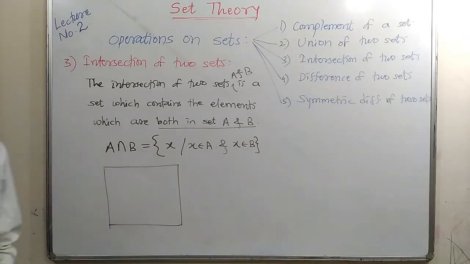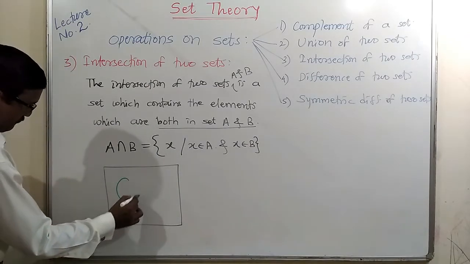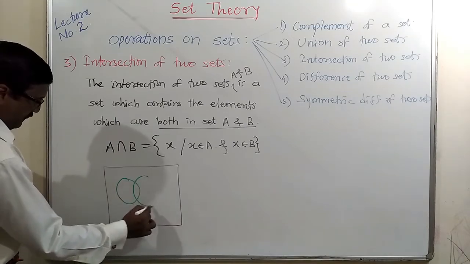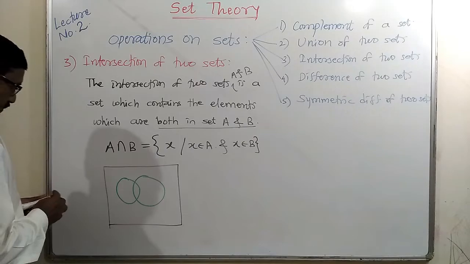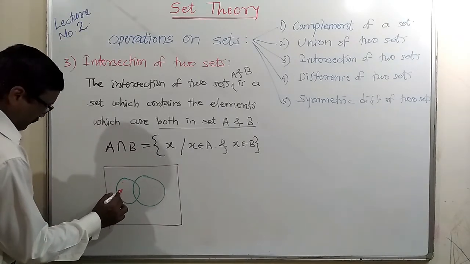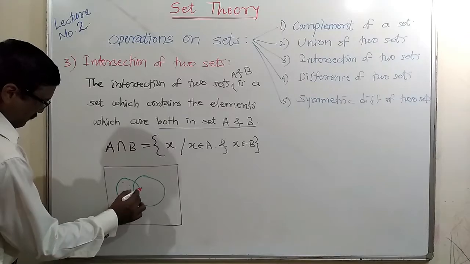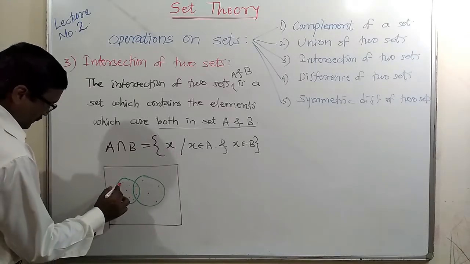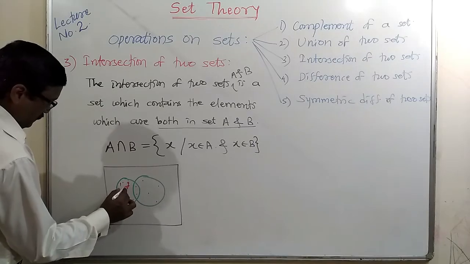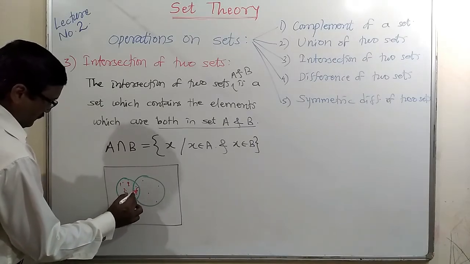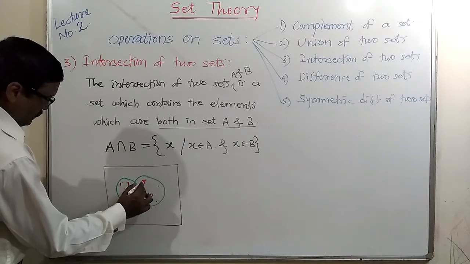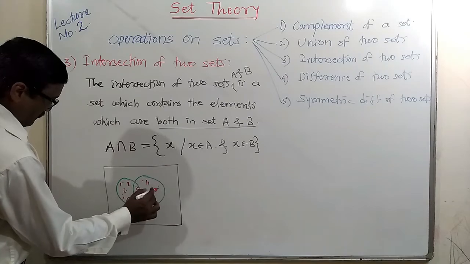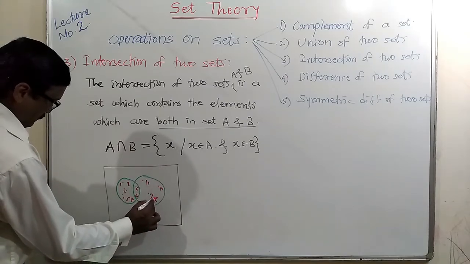In this Venn diagram, if A is this set and B is another set, suppose elements of A are 1, 2, 3, 5, 9, 8, 6, 7, 4, 11, 10, 12.